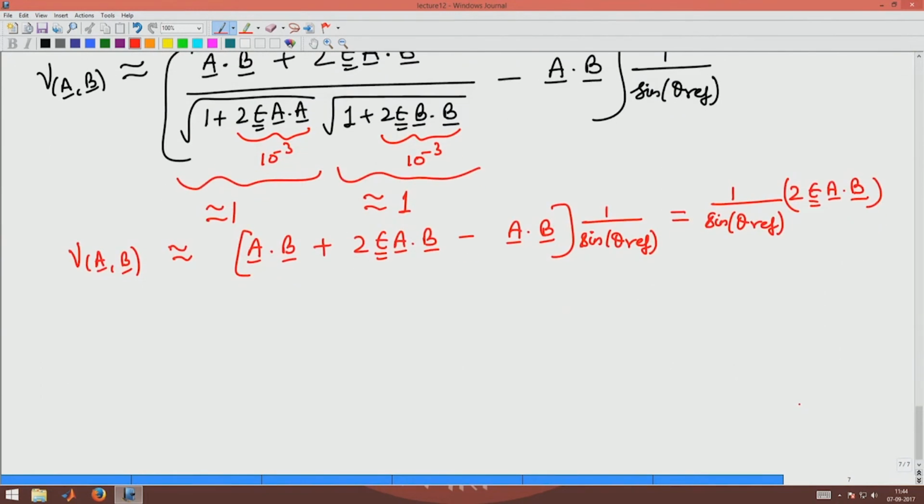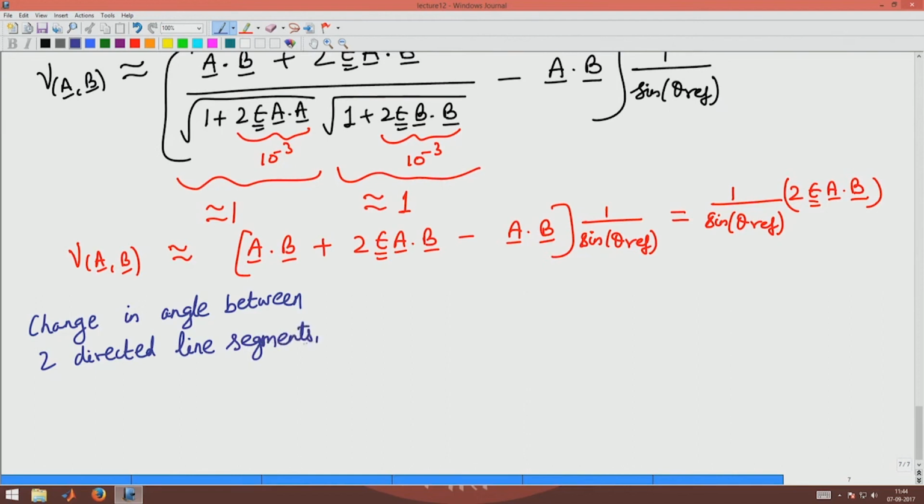So, the change in angle between two directed line segments A and B is given by gamma A comma B, that will be 2 times epsilon A dot with B divided by sine of theta ref.